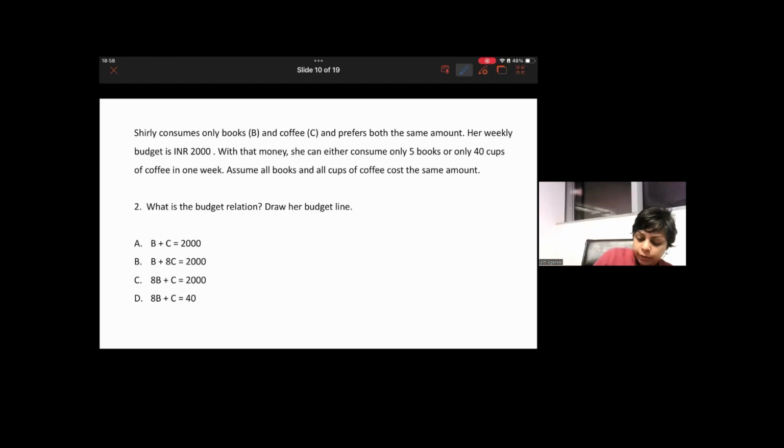So now we know PB and PC. So what is the method? How do we do it? How do we come up with the whole budget equation at all? Where do we start?